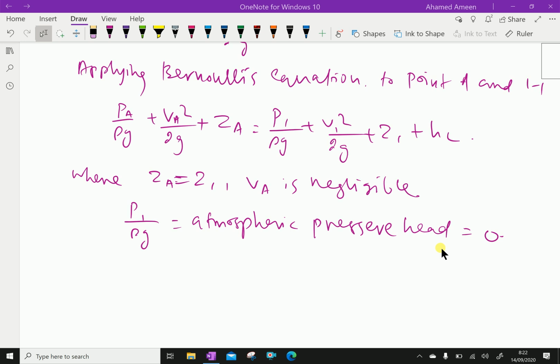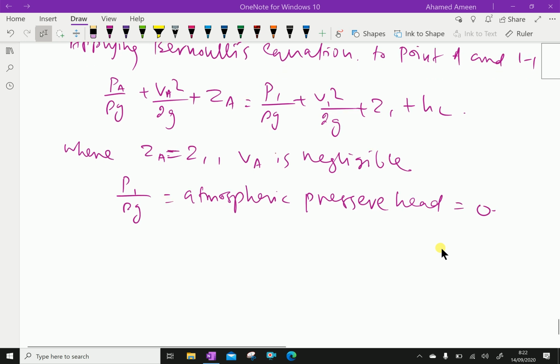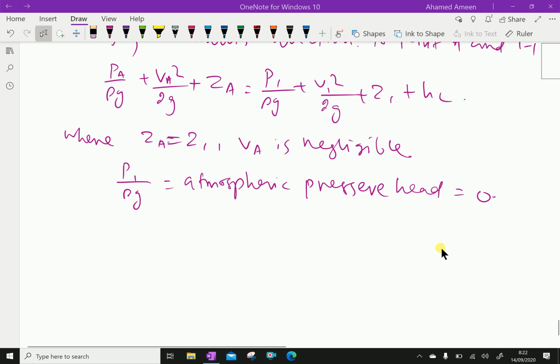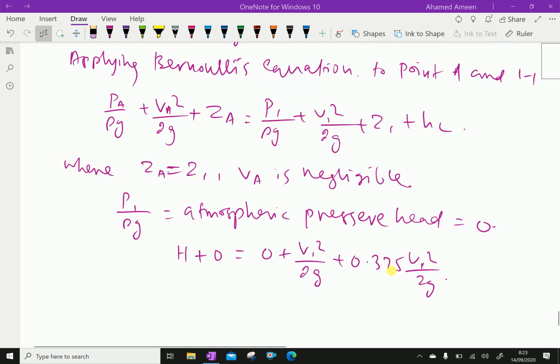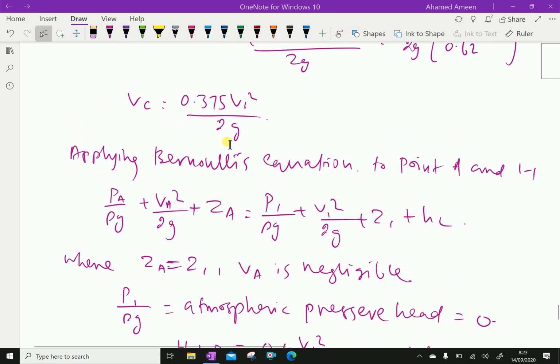Therefore, we can say H, the height of the water level, plus 0 equal 0 plus V1 squared by 2g plus 0.375 V1 squared by 2g, because the head loss is 0.375 V1 squared by 2g.